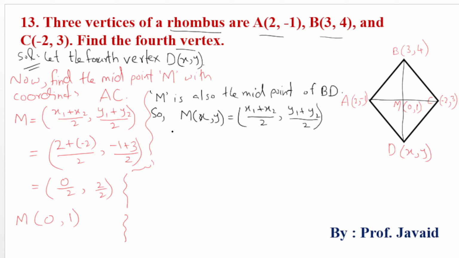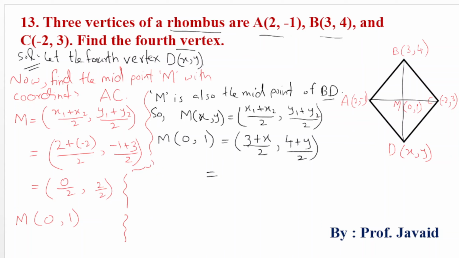Using BD, we get (3 plus x) over 2 and (4 plus y) over 2. You can write x plus 3 or 3 plus x, no matter.